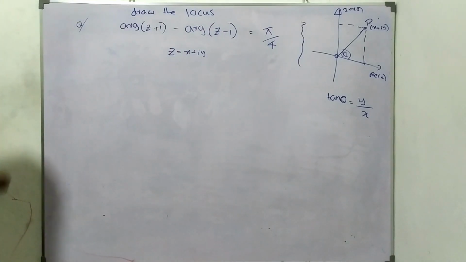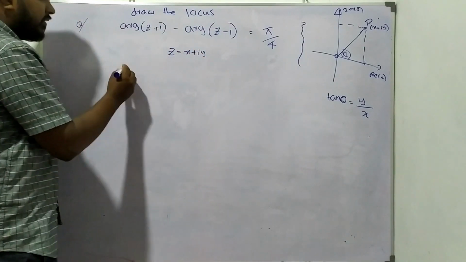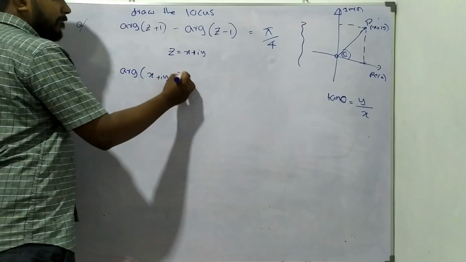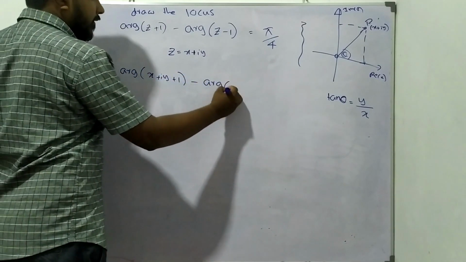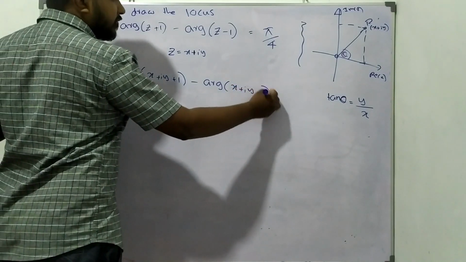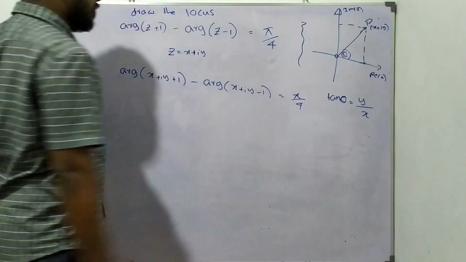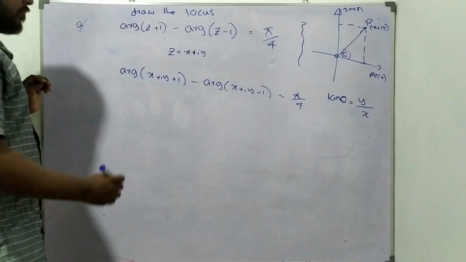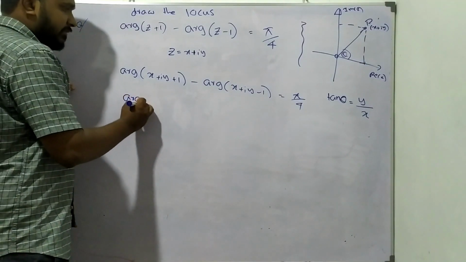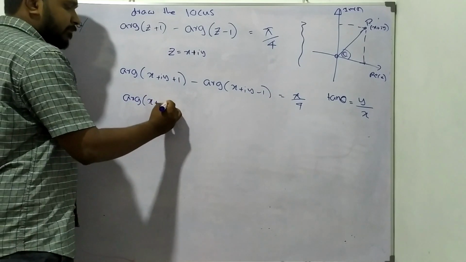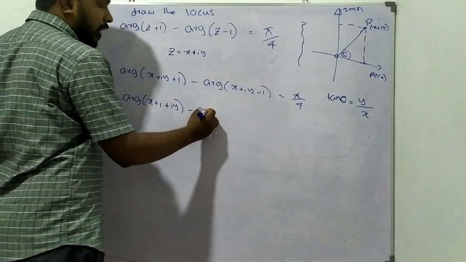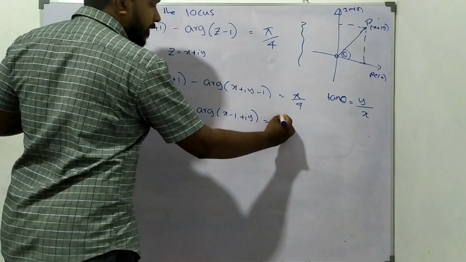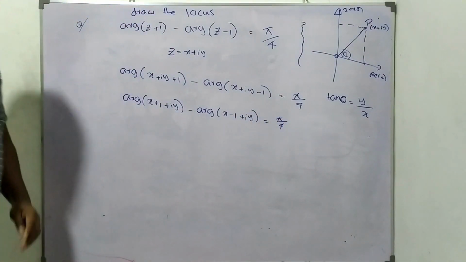I assume z as x plus iy, then the argument of x plus iy plus 1 minus the argument of x plus iy minus 1 equals pi by 4, right? So the argument of (x plus 1) plus iy minus the argument of (x minus 1) plus iy equals pi by 4.